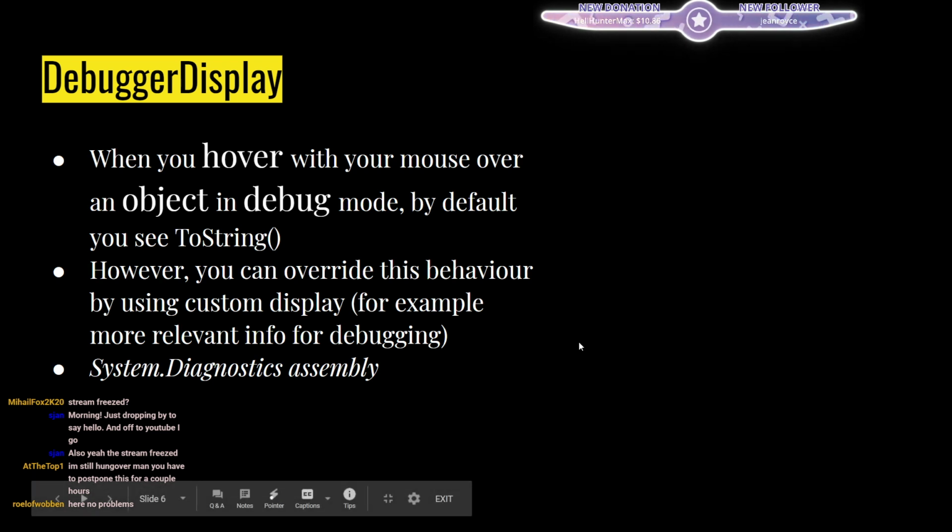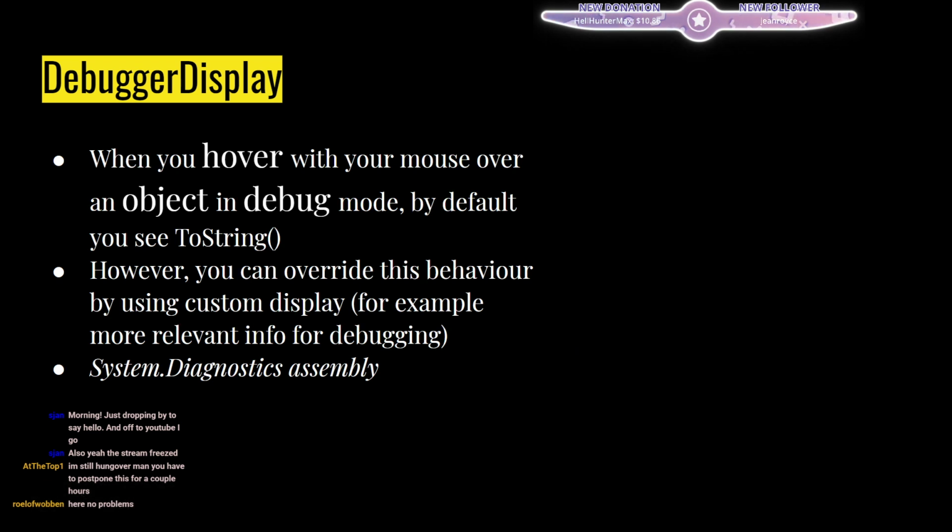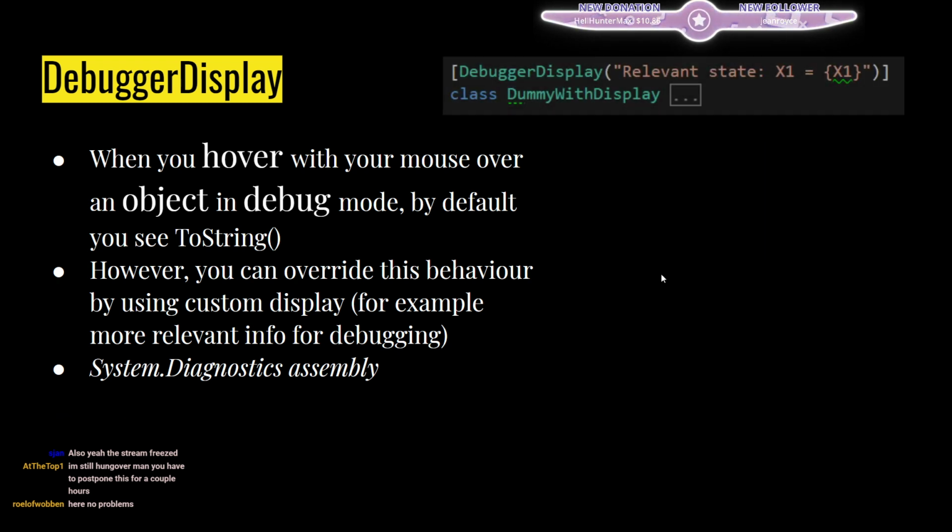So DebuggerDisplay is an attribute that can be used to display some extra info when you hover over objects during debugging mode. For example, if I have a dummy class, and above it I put an attribute called DebuggerDisplay, you will see this kind of message: relevant state x1 is x1.